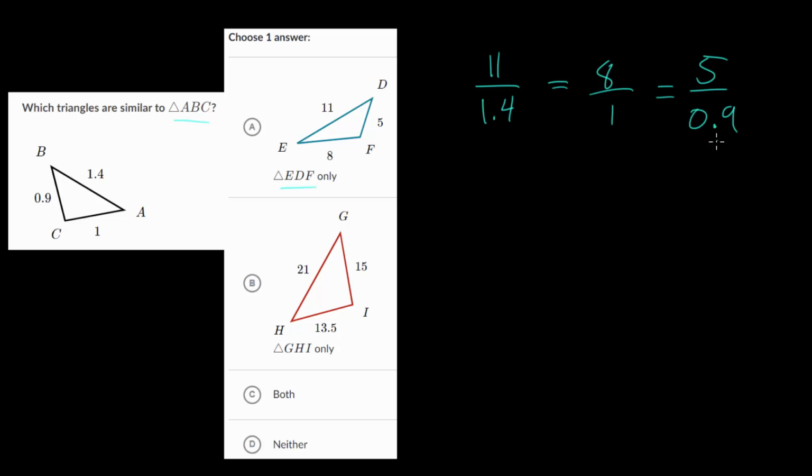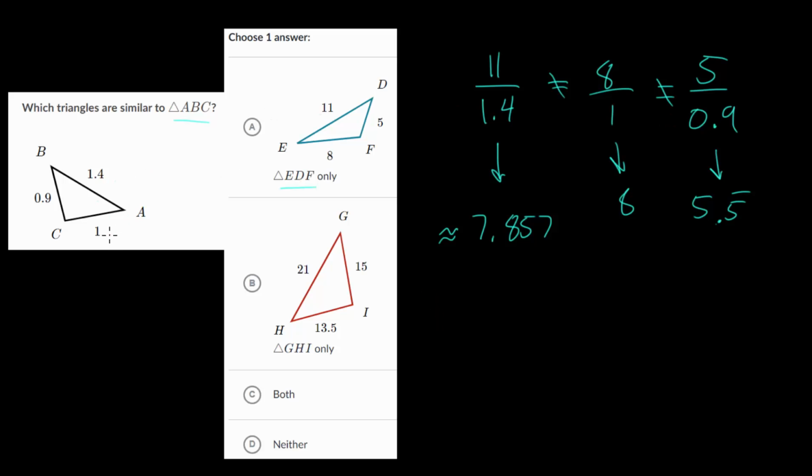And for this, you might need a calculator, but if we actually carry out this division, what we get when we do 11 divided by 1.4 is approximately 7.857, and it will start repeating at some point. And this, you can see, is just 8. And 5 divided by 0.9 is 5.5 repeating. So the conclusion is that none of these are equal, which means these two triangles are not similar.